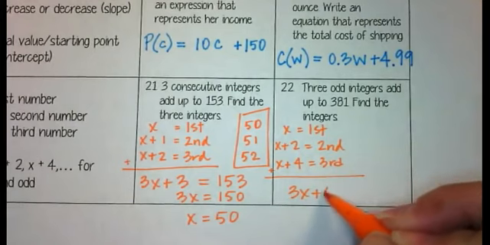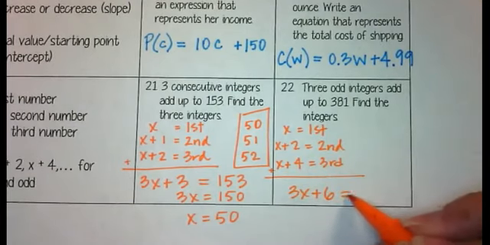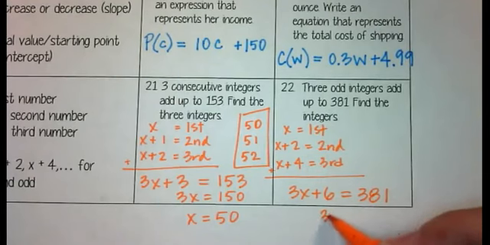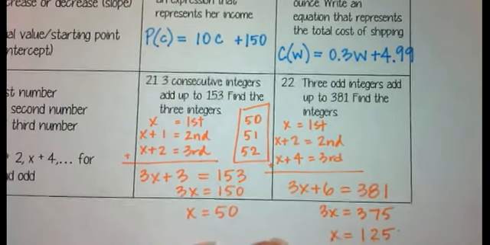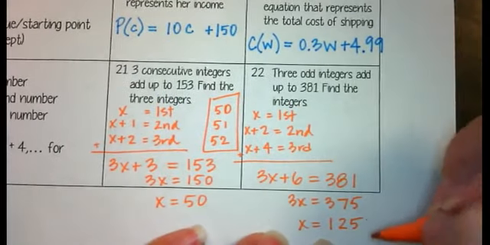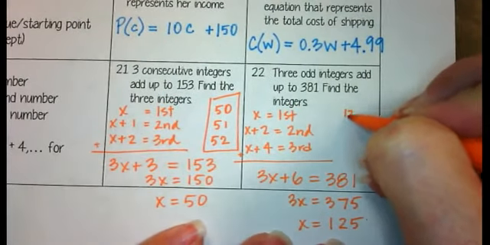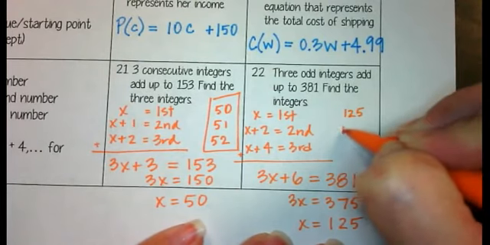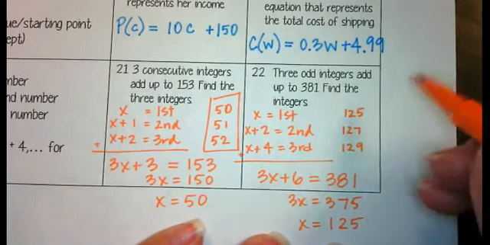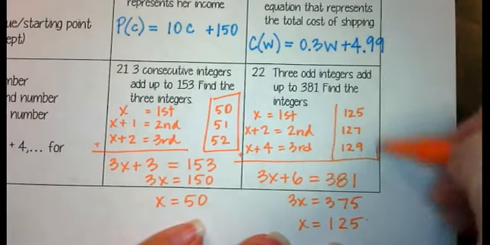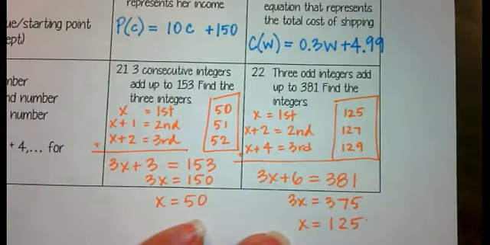So 3x plus 6, and it should equal 381. So subtract 6 to solve. We get 375. Divide both sides by 3, so x is 125. Which is good because we were supposed to get an odd number. So 125 is the first odd number. The next one would be 127. And the next one would be 129. And if we add those up, we get a total of 381.